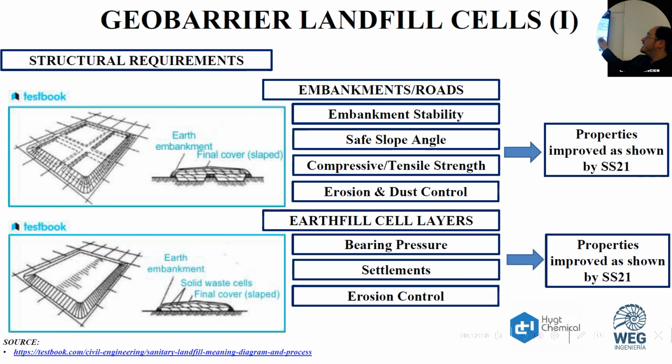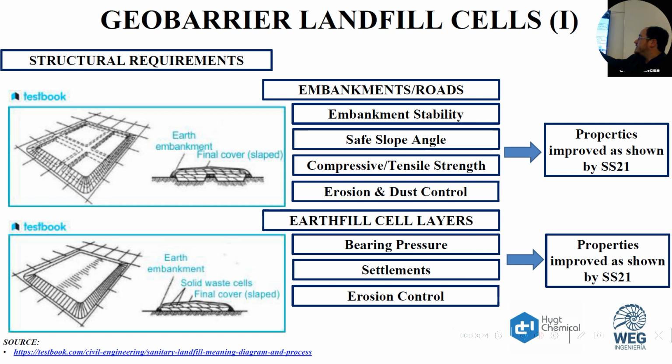We have this need for stability when soils are granular. And the slope angle in granular soils creates a lot of need for volume in earthworks. Compressive and tensile strength and erosion and dust control are also main structural properties needed in these cases. As we showed before, the properties are met.